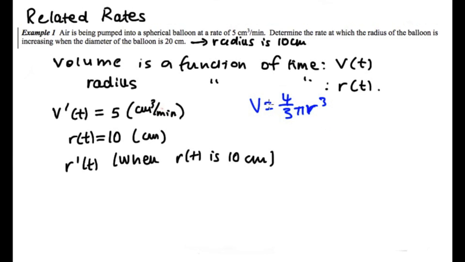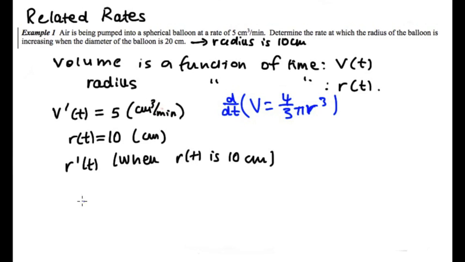So this has everything we want in it. It has V, r, some constants, it has a pi in there. So let's try applying the derivative operator d/dt to both sides of this equation.